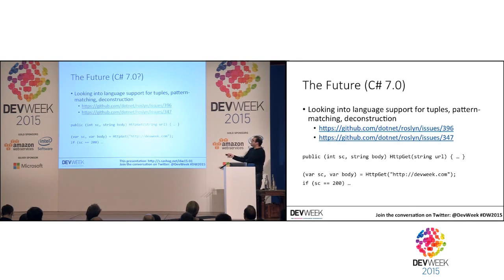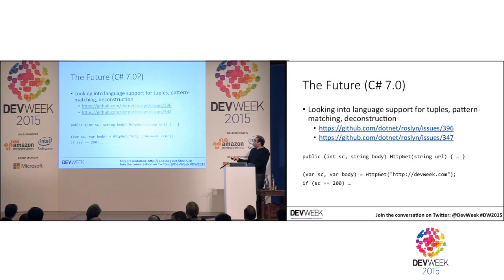And this thing is just syntactic sugar for a tuple of int and string, which you already have in the .NET framework since .NET 4, I think. This HTTP GET method, like I said, returns a tuple of int and string, and you can deconstruct that tuple into new local variables by using this new syntax again, var sc and var body.